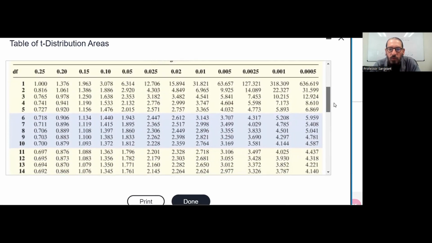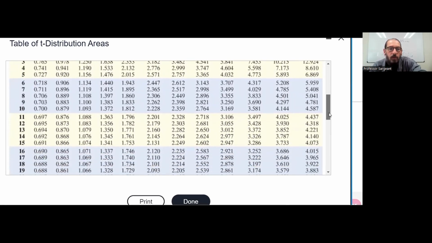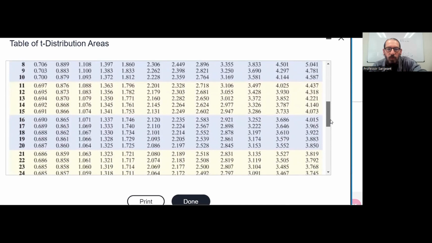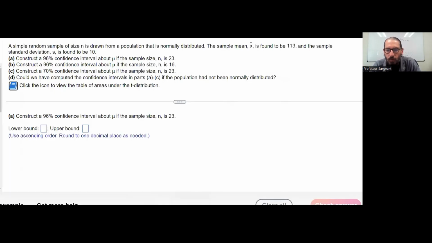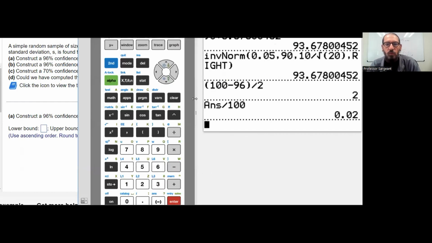Find where that column intersects the row for 22 degrees of freedom. And that is happening at 2.183. That is our t sub alpha over 2, a critical value.